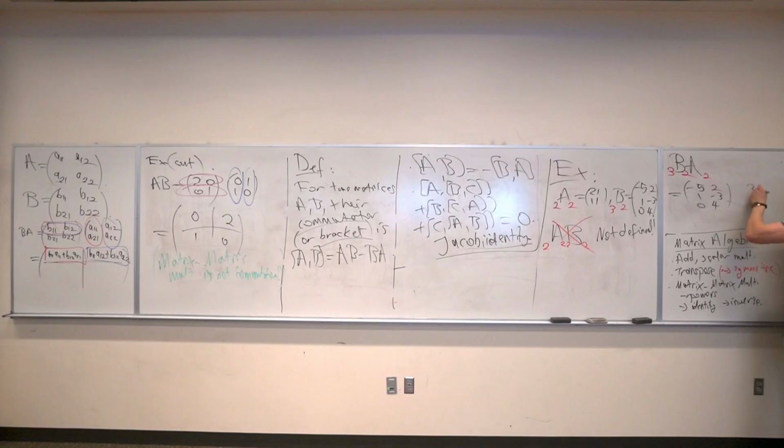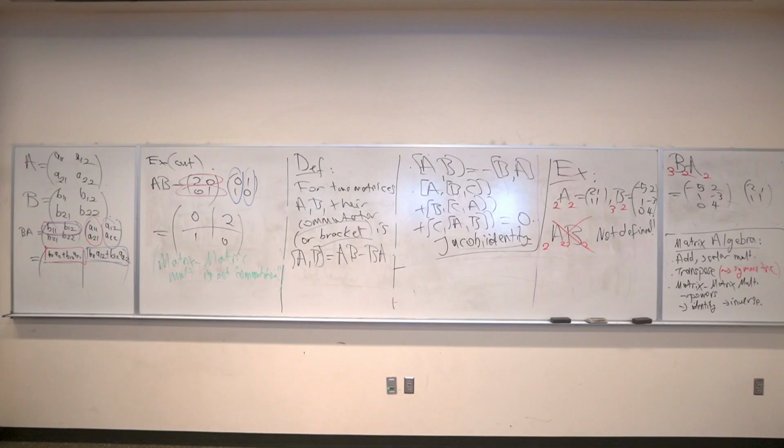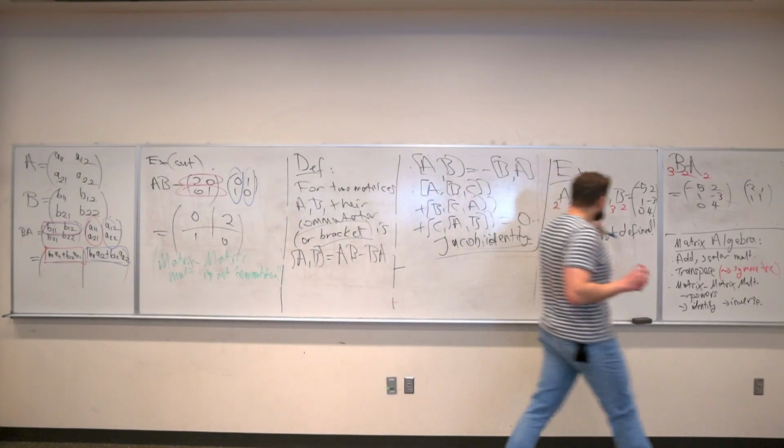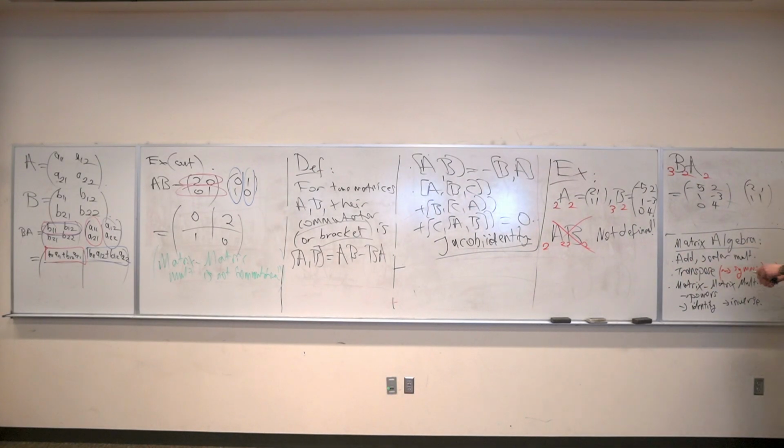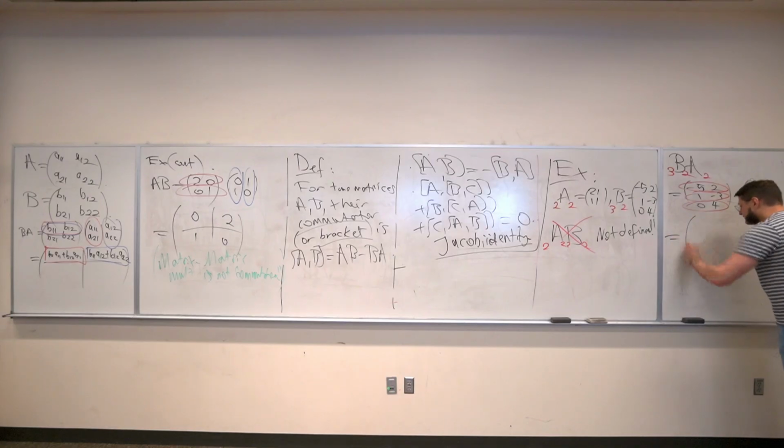Like this, times 2, 1, 1, 1. Left one, split it into rows. Right one, split it into columns. That's always what you do. That's the one rule. This time, rows are two-dimensional, and the columns are two-dimensional too, so I can combine them. I'm going to end up with a 3 by 2.